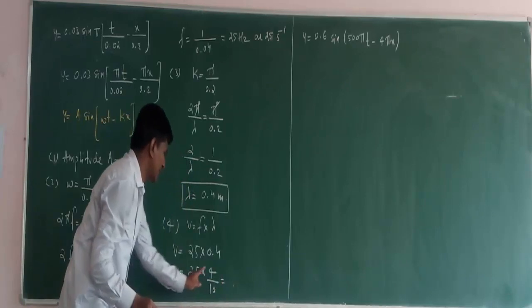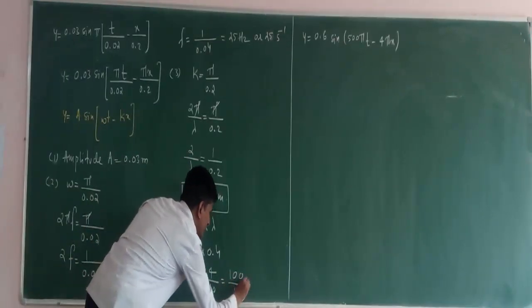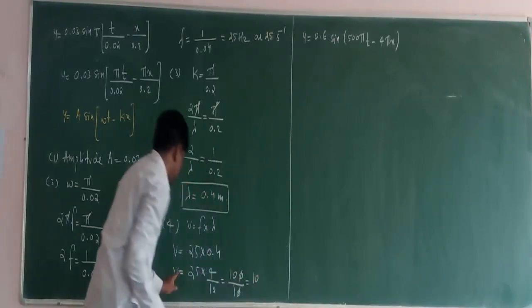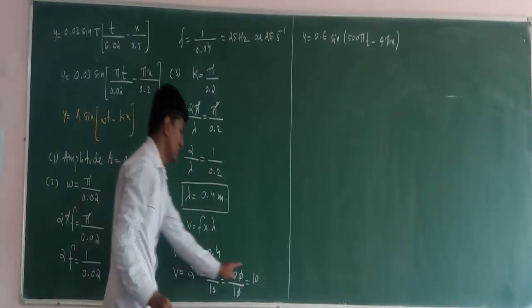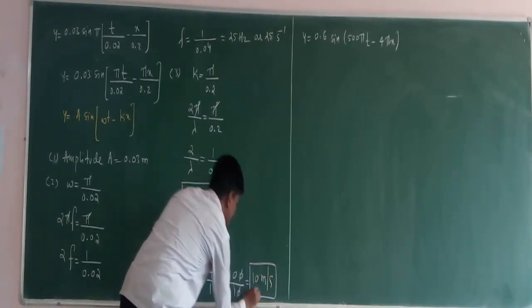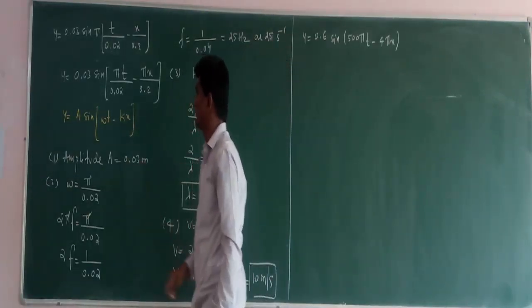Then 25 multiplied by 4 is 100. 100 divided by 10, this 0 gets cancelled. Then wave velocity V is equal to 10 meters per second. This is the wave velocity, this is the wavelength, this is the frequency, this is the angle.